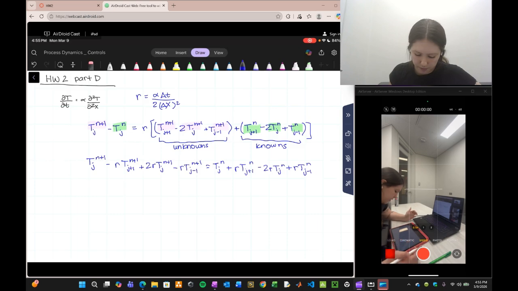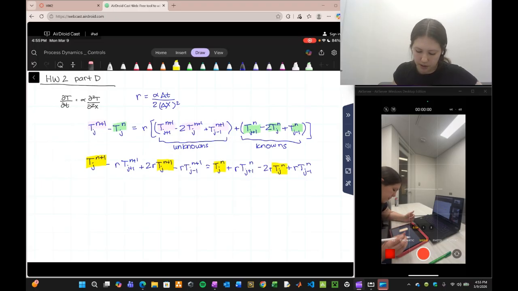And we can further simplify this by combining like terms. As you'll see, we have a common T sub j at n plus 1 here. And then over here we have a common T of j at n.